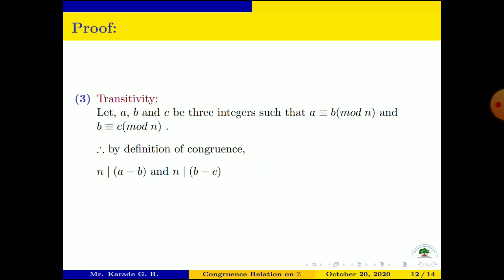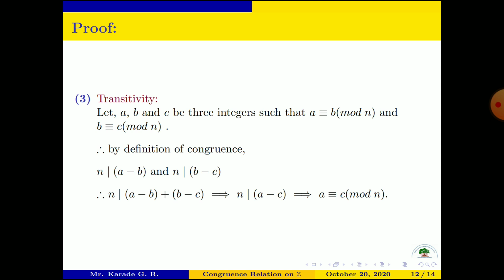If we add, n must divide the addition of a minus b and b minus c. Therefore n divides a minus b plus b minus c. So this implies n divides a minus c, and by definition of congruence, a is congruent to c mod n.